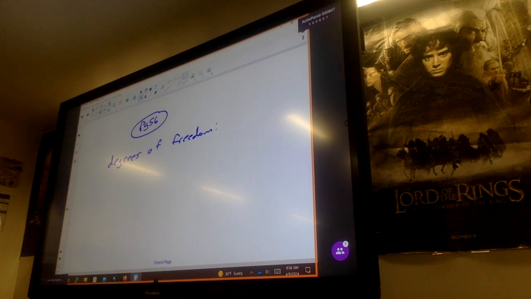So this is going to be the number of rows minus 1 times the number of columns minus 1. Okay, so that's going to find us our degrees of freedom. In this case, we would have 3 rows minus 1 times 5 columns minus 1.